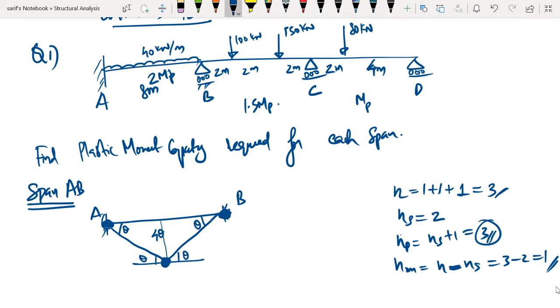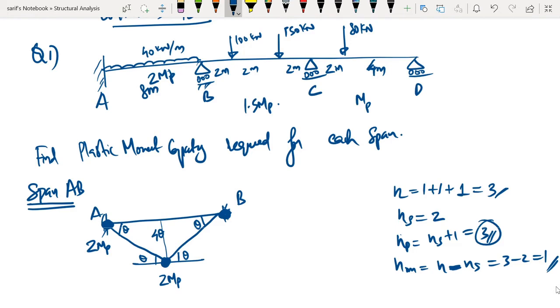Now AB is having a capacity of 2 MP. The hinge at the middle is also having a capacity of 2 MP, whereas the hinge at B is the intersection of two sections, one having a capacity of 2 MP and another having a capacity of 1.5 MP.